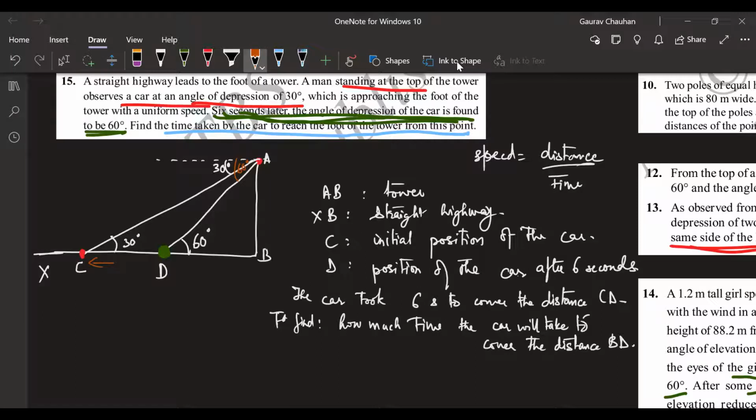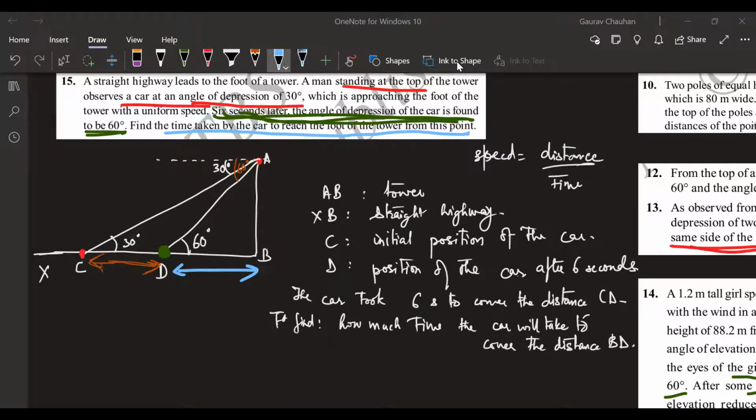Suppose it was given to us in distance, some 10 meters, 50 meters, whatever. What would your approach have been, Nishchay, to find this distance? Is my question making sense?